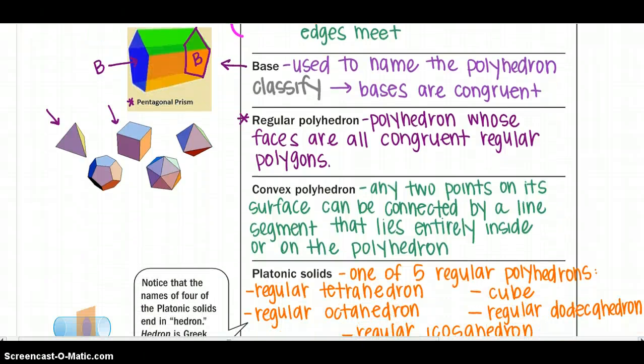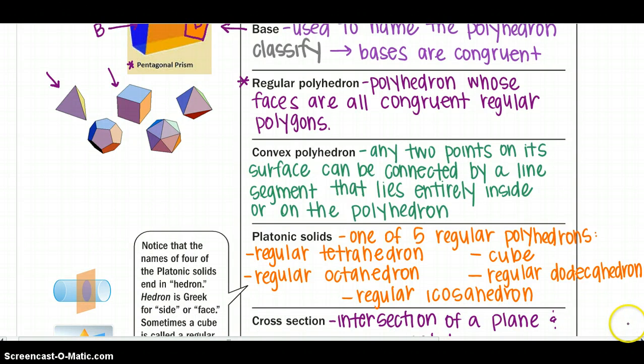Continuing on to Platonic solids, one of 5 regular polyhedrons. They're given names, and I'll tell you how many faces each has. A regular tetrahedron has 4 faces. A cube, we can say, has 6 faces. An octahedron has 8.